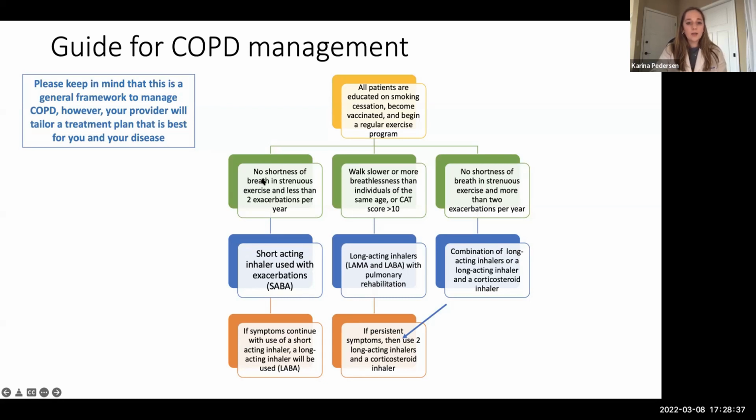On the left, the green boxes are what your symptoms are. All the way on the left, it says no shortness of breath except with strenuous exercise and less than 2 exacerbations per year of COPD will lead to a short-acting inhaler used with exacerbations. In more medical terms, that is called a SABA.